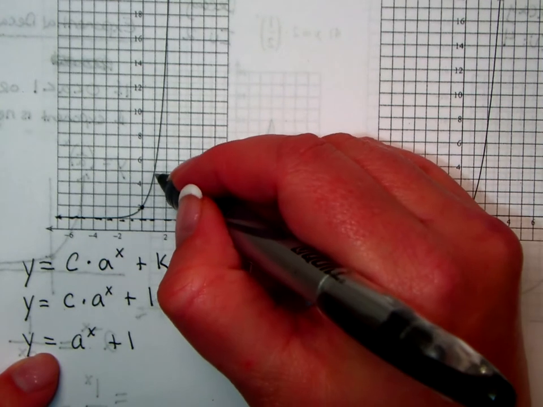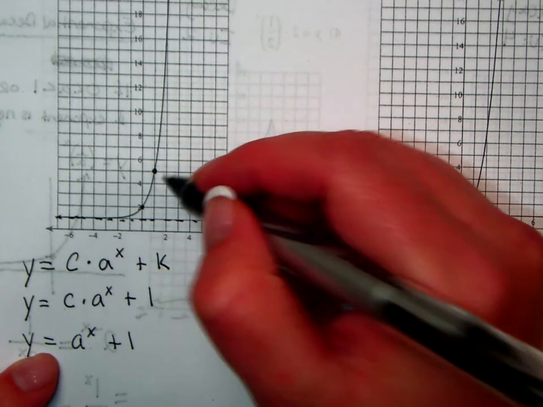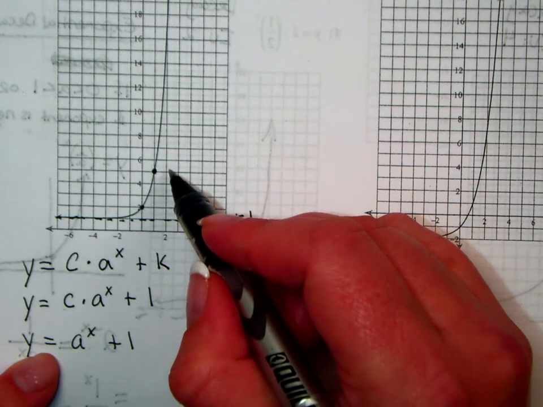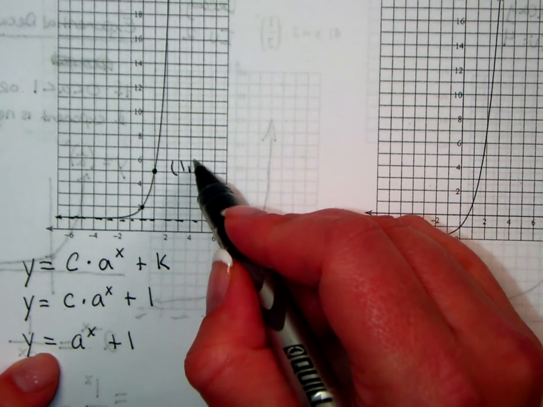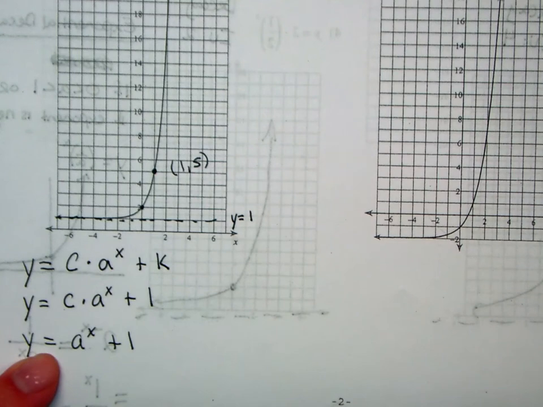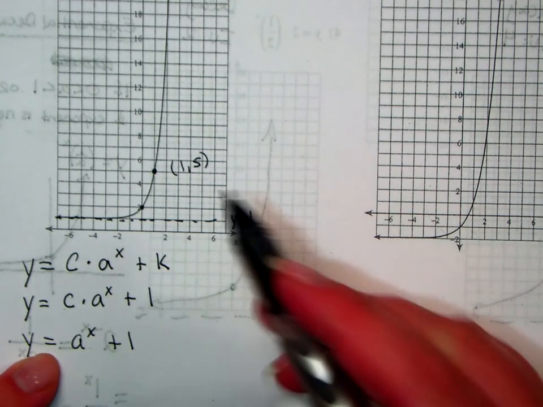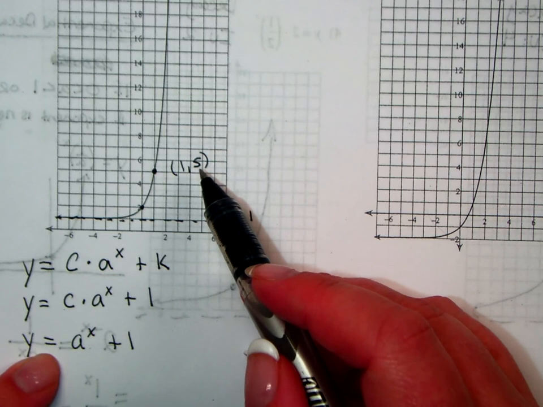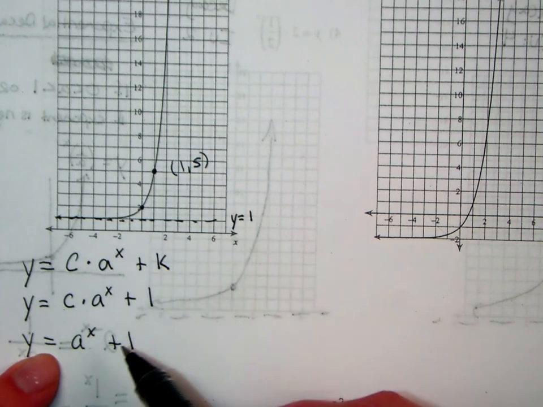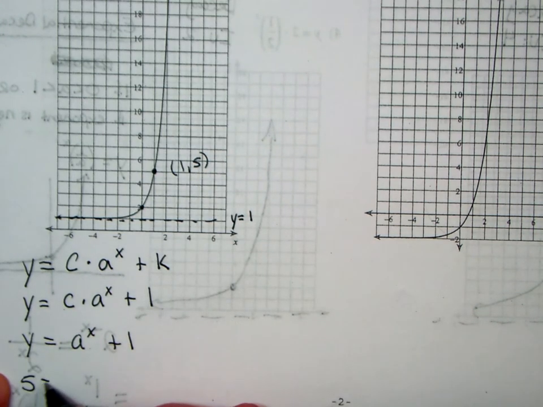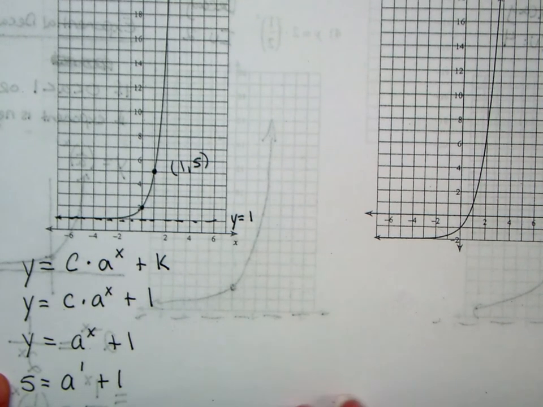And it looks like it's crossing a grid line here at 1, 5. So this exponential function should go through the point 1, 5. If I plug 1 in for x and 5 in for y, I should be able to solve for a. So I get 5 equals a to the first power plus 1.